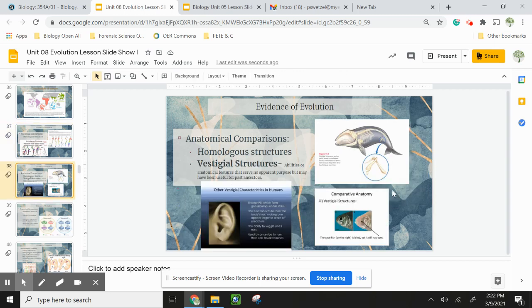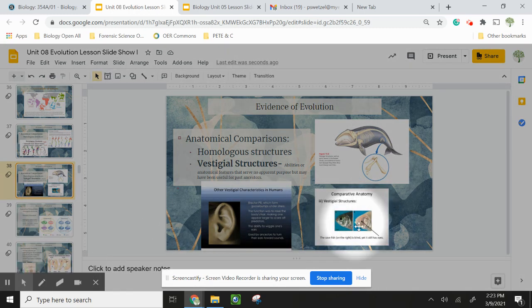Vestigial structures are structures that may have been left over. They don't really serve a purpose now, but they do give some insight into the evolutionary past and the ancestry of organisms millions of years ago. You've got some fish that live in caves. They do have real eyes, but they can't see.